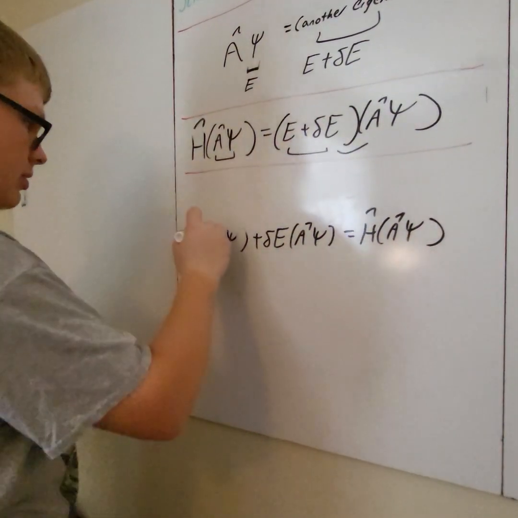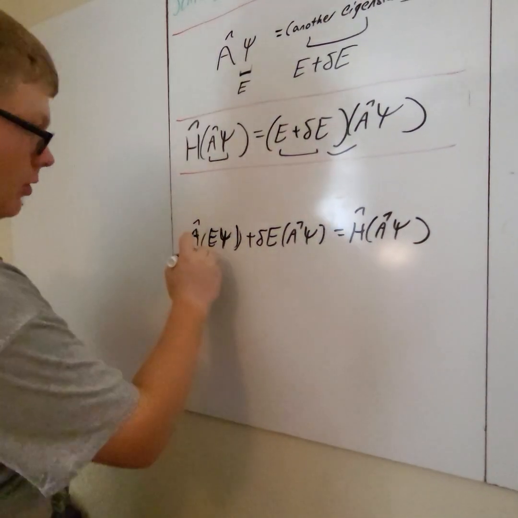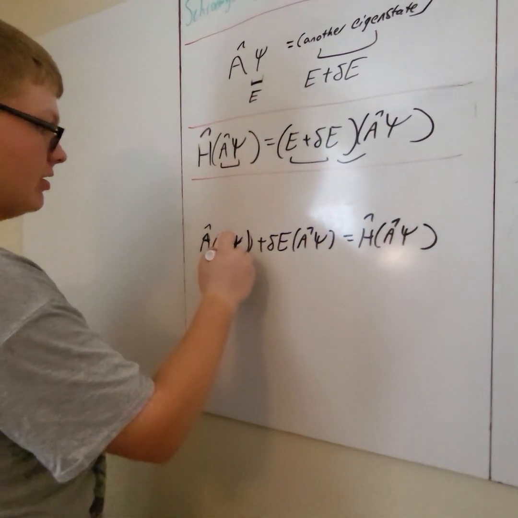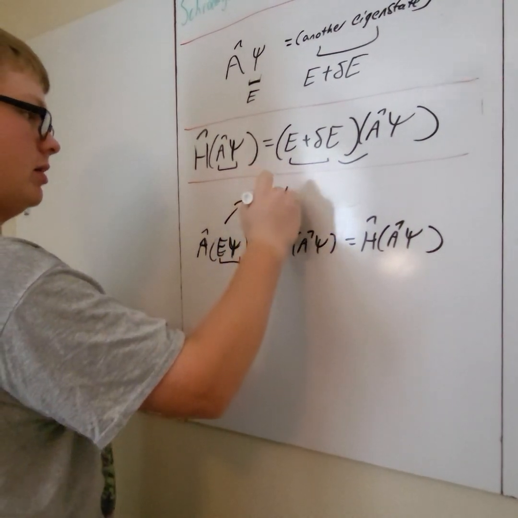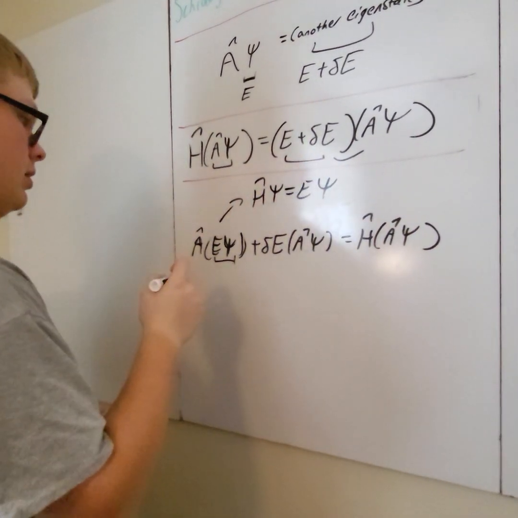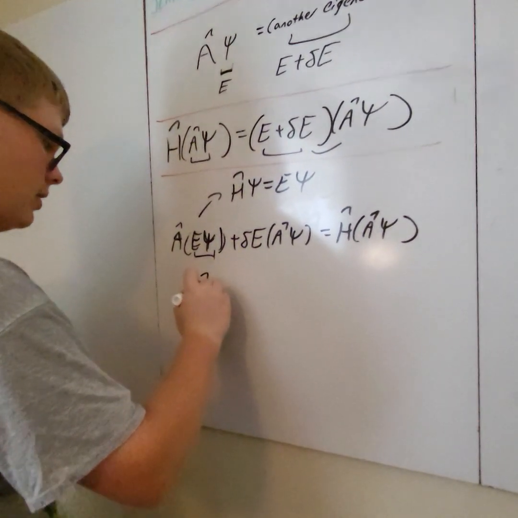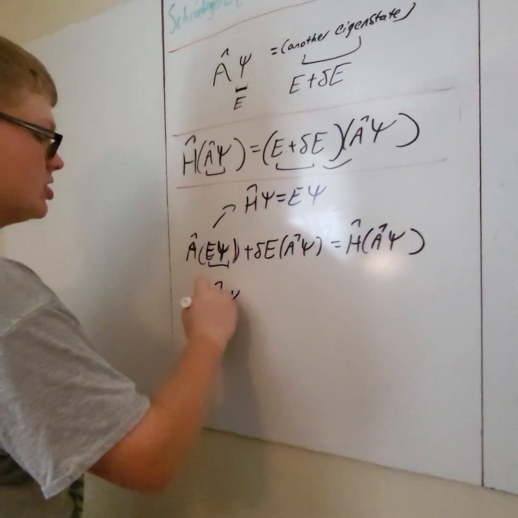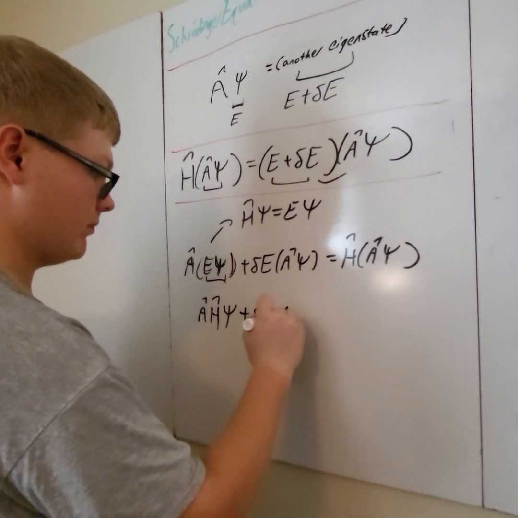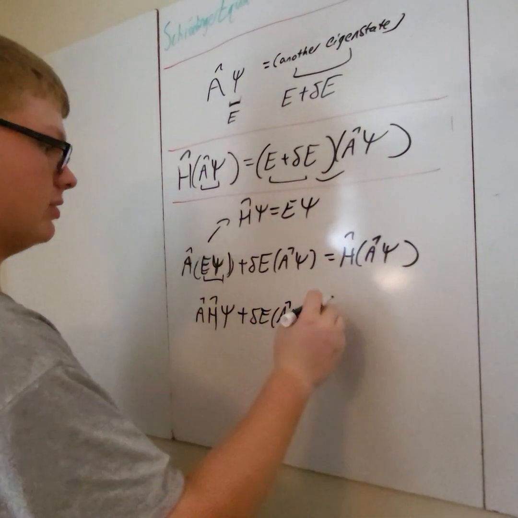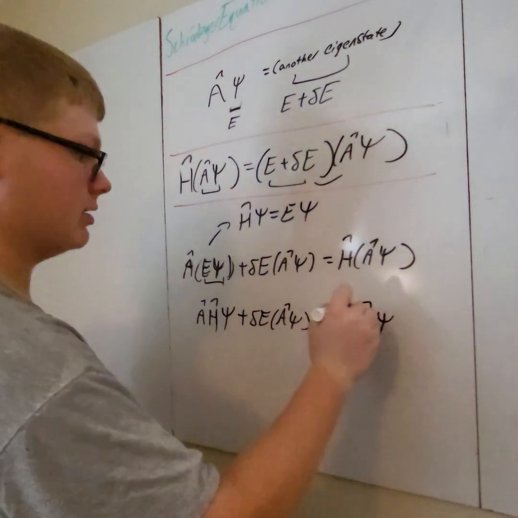Well, this little term right here is just our original equation, which is A hat acting on H hat acting on psi, plus delta E times A acting on psi equals H acting on A psi.